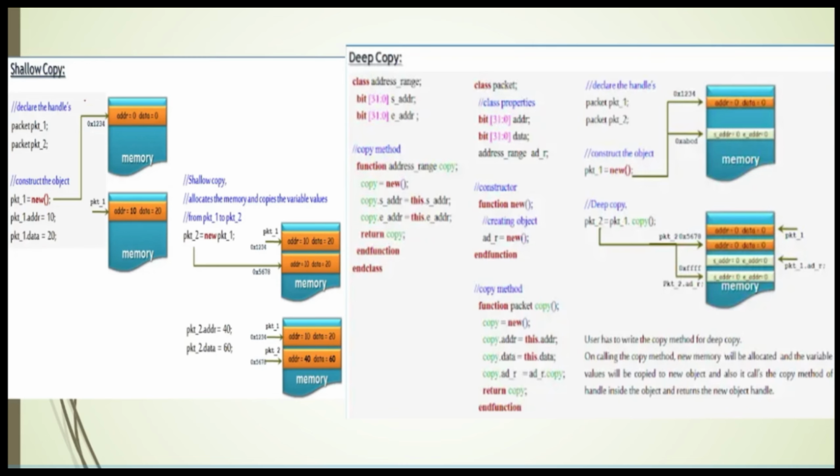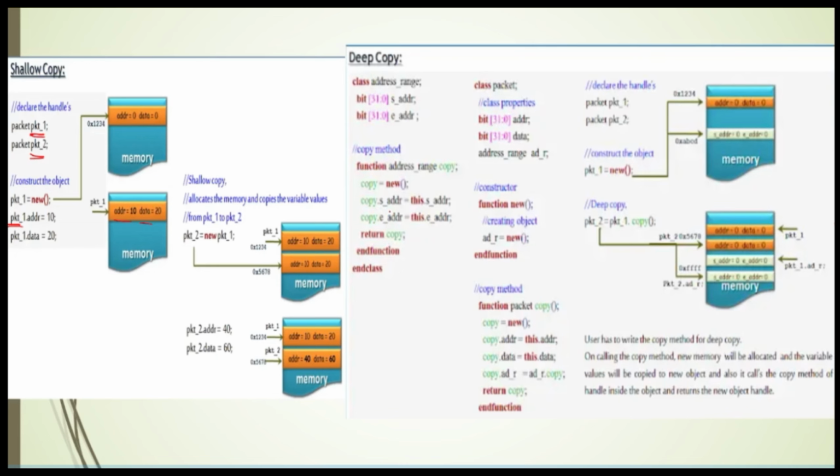So this is my shallow copy. You already know about my shallow copy. I am creating two handles. When I want to copy from one handle to another, only the values that are there in packet one will be replaced. But if packet 1 and packet 2 have any internal objects, those cannot be replaced.